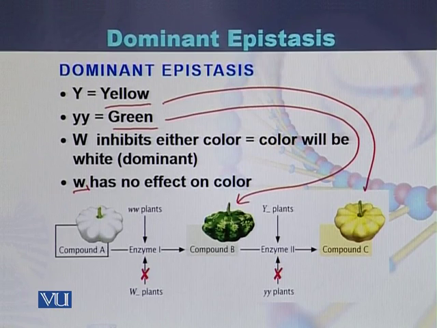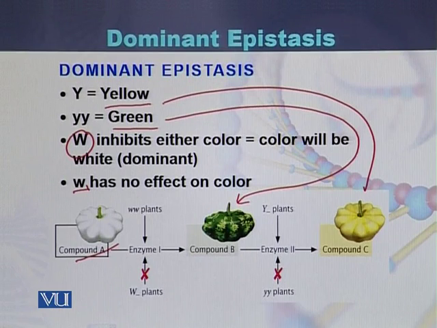In case of dominant epistasis, the allele of a gene should be in a dominant form. When it is in dominant form, it has effects, or it can block the color in the summer squash. Here we can see that compound A is present in this summer squash.